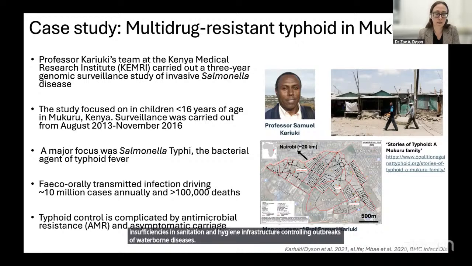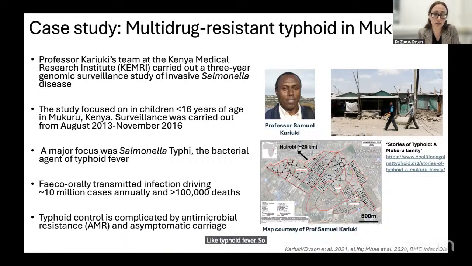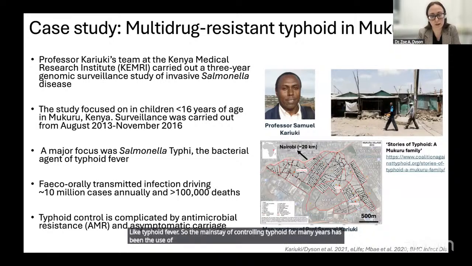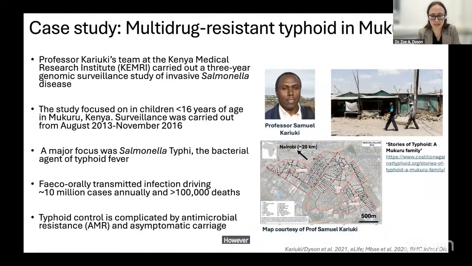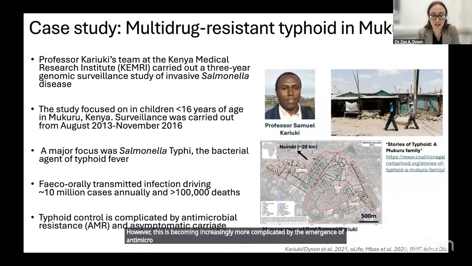typhoid fever. So the mainstay of controlling typhoid for many years has been the use of antimicrobial chemotherapy. However, this is becoming increasingly more complicated by the emergence of antimicrobial resistant strains. And another complicating factor for the control of typhoid is asymptomatic carriage.